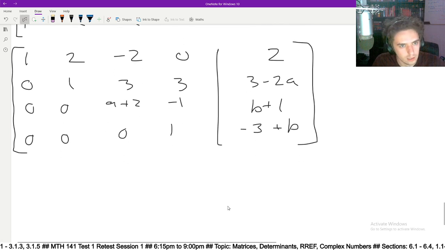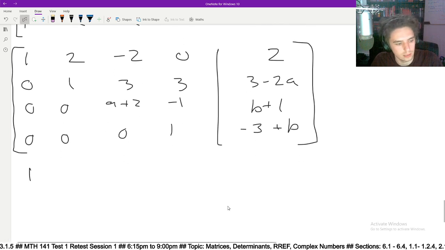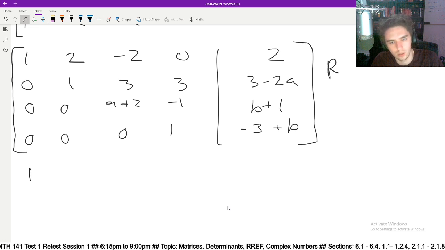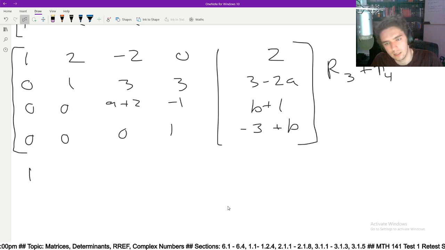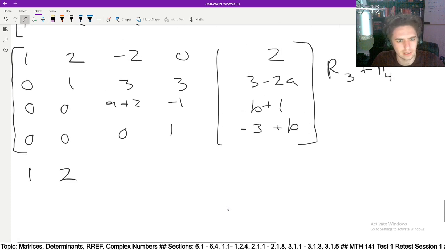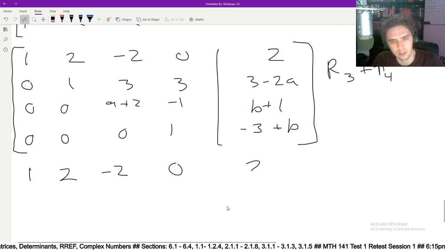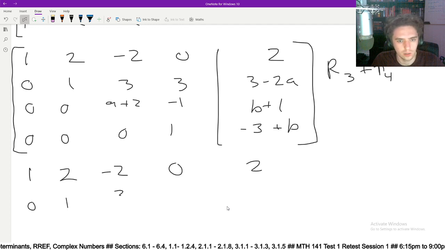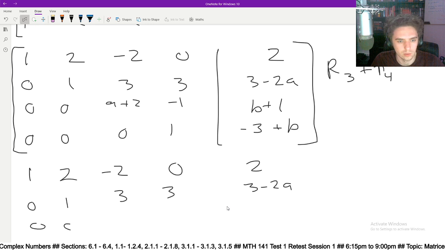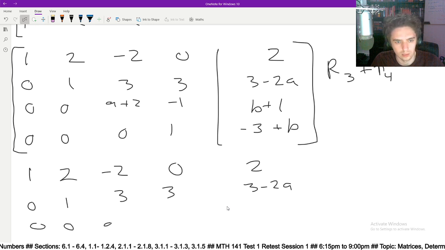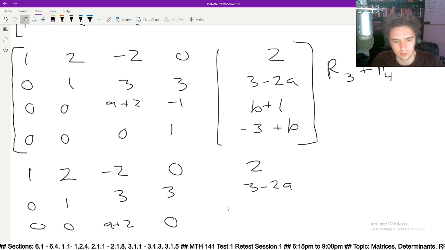Let's see what happens. Okay, so row 3 plus row 4. But again, I see what that's going to do, but I don't see how that gets any closer to the answer. So 0, 1, 3, 3, 3 minus 2a, 0, 0, still a plus 2, 0.